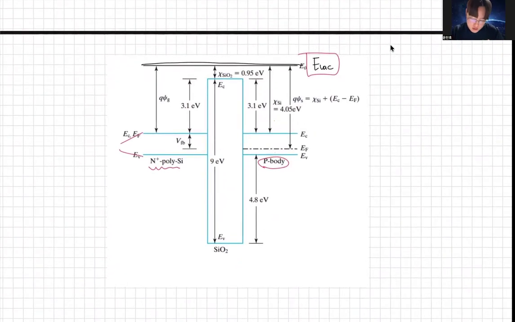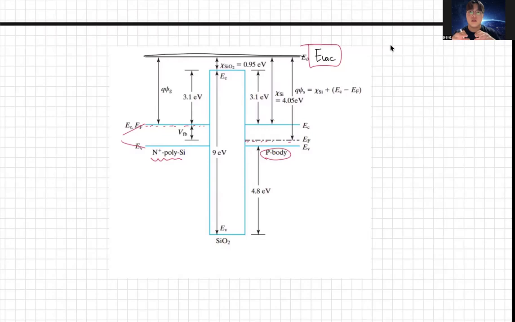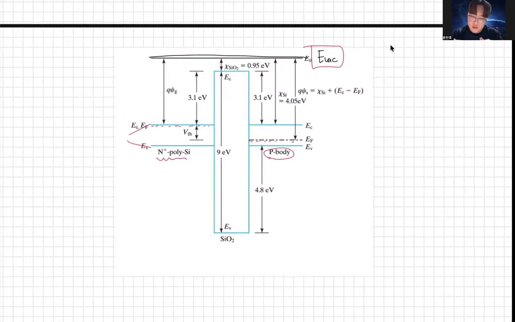The Fermi level in the n-type and the Fermi level in the p-type are not constant, so this is not a thermal equilibrium situation. This is the unbiased situation, so we have to know this MOS is not in equilibrium.